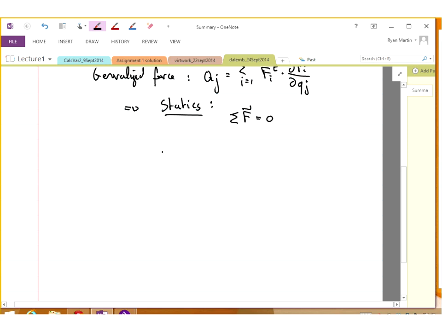And in dynamics, we would say that the sum of the forces is equal to ma. And so what we'll start with today is what's called D'Alembert's principle.